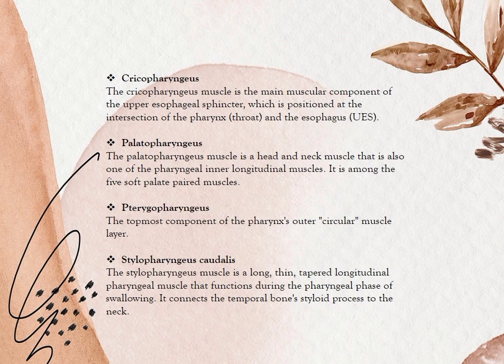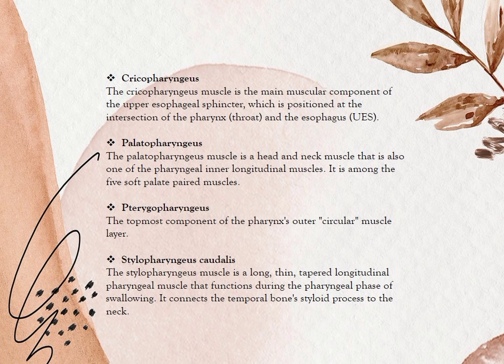It runs between the styloid process of the temporal bone and the throat. It acts as a significant nasopharyngeal dilating muscle. The contraction of this muscle pulls the nasopharyngeal wall dorsally during breathing. By supporting the dorsal wall of the nasopharynx during inspiration, this movement prevents the wall from constantly collapsing.